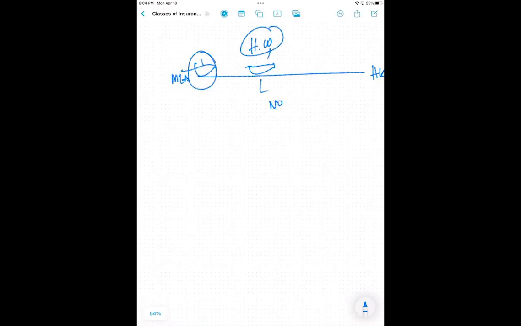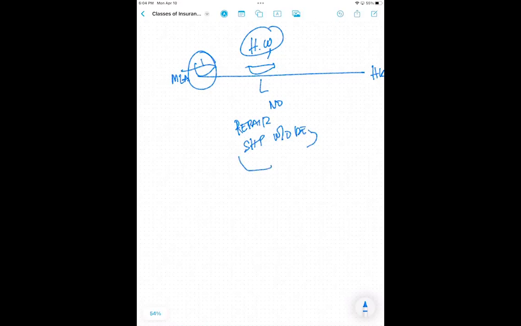Okay? So, ano ang duty? There is a duty on the part of the ship owner to repair.